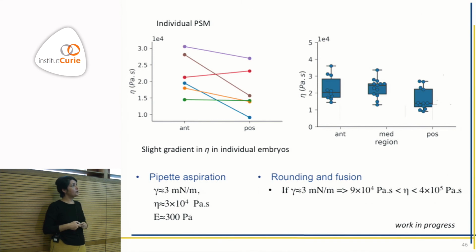So this is a work in progress. We are trying to understand, because there is a slight discrepancy between the rounding results and the pipette results, and this we have also seen with other tissues. So it's something that we have to figure out, whether it comes from the experiment or it's a modeling issue, a factor 2 somewhere that is missing or something. So we have to work on this.